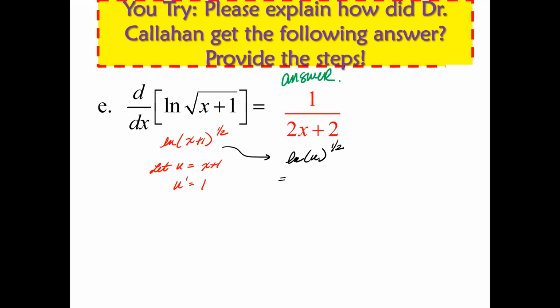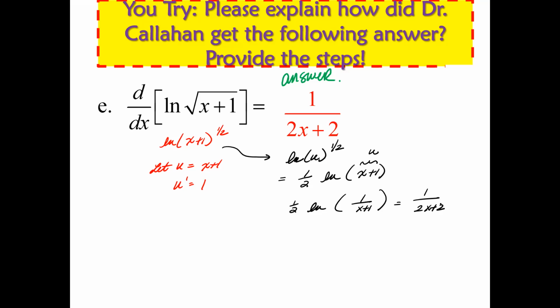Okay, so looking at this right here, I'm going to go ahead and move that 1/2 down. So I have 1 over 2 ln, and I have x plus 1, which this part right here is going to be u. So then that gives me a 1/2 ln times 1 over x plus 1, which if I replace this, is going to be 1 over 2x plus 2.